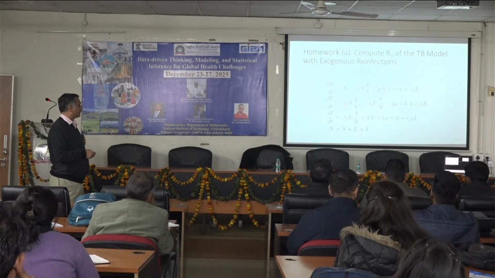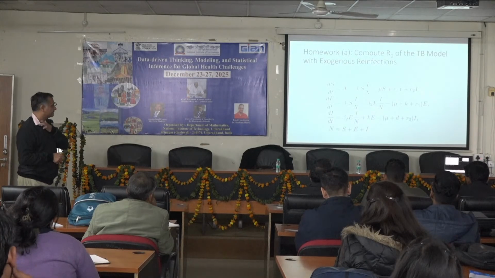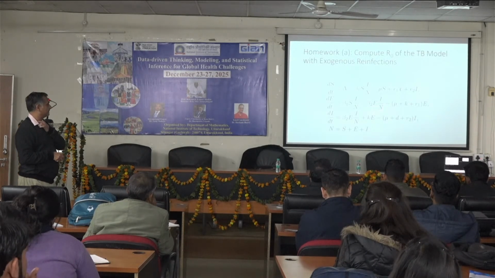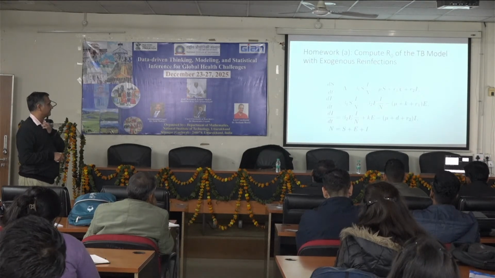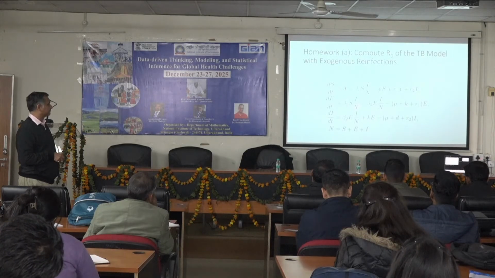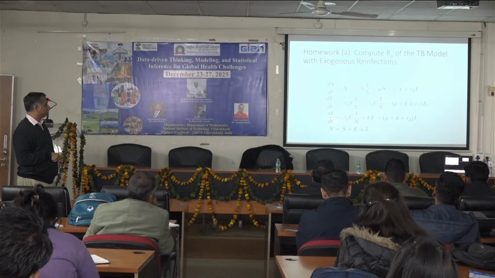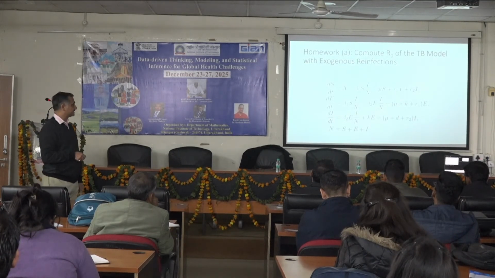This is a model for computing R naught for TB with exogenous reinfections, where people who are exposed are also getting infected. So I is infecting E. That means there is a dormant state.